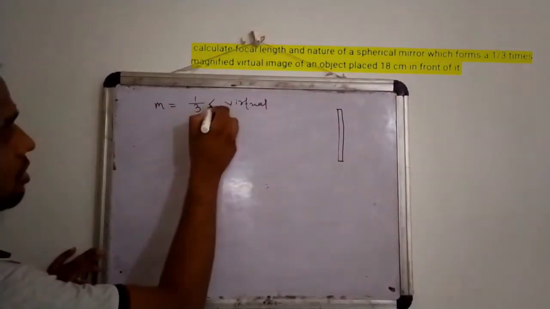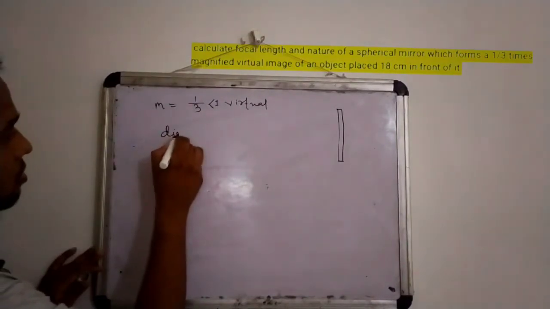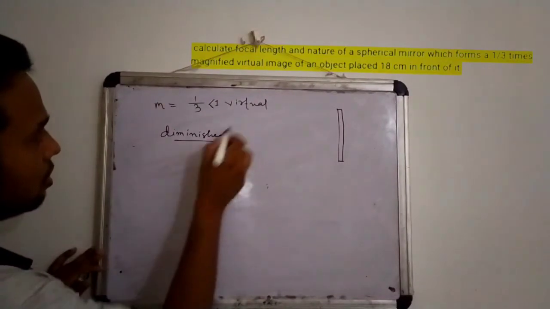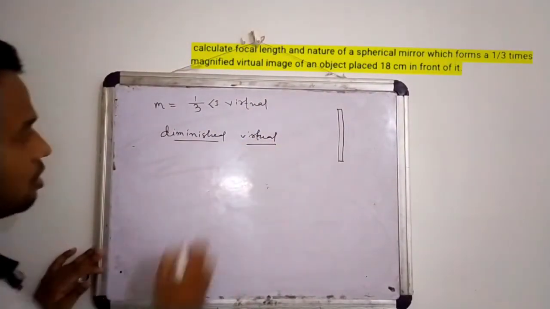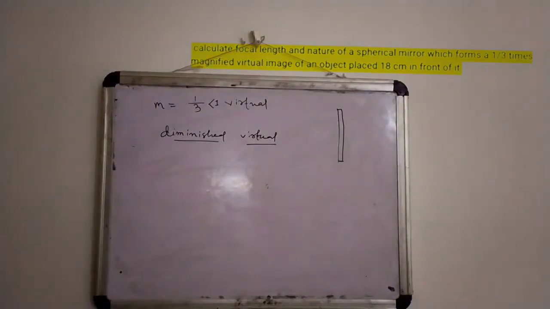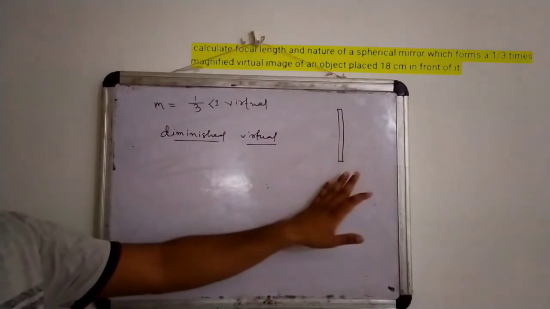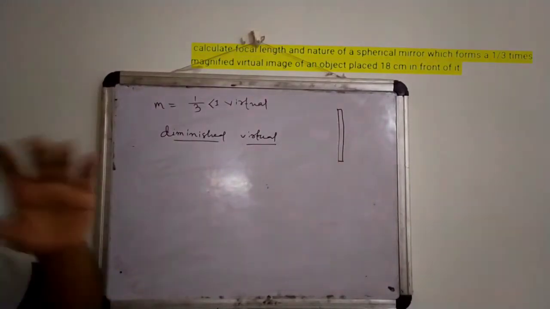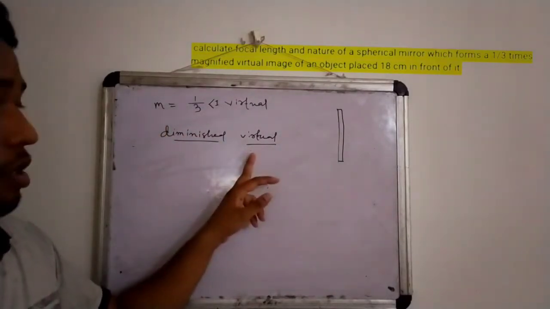Magnification is less than 1, that means the image is diminished, and the image is virtual.